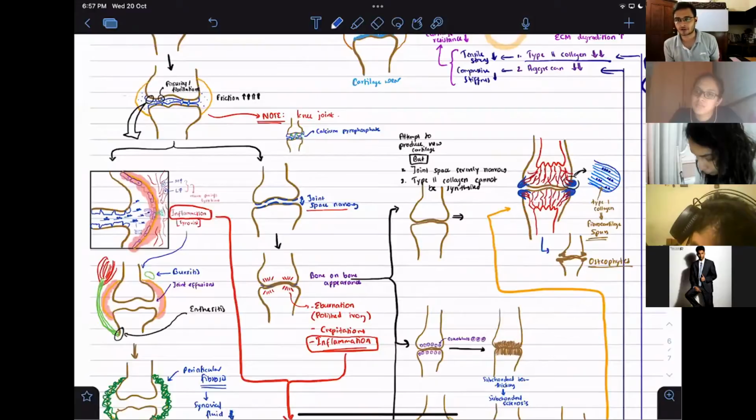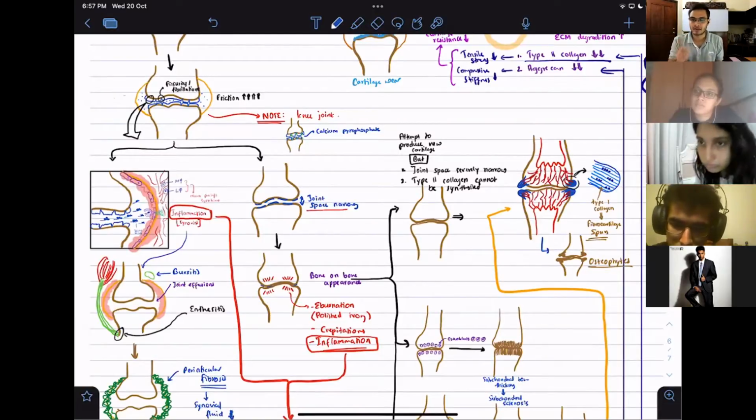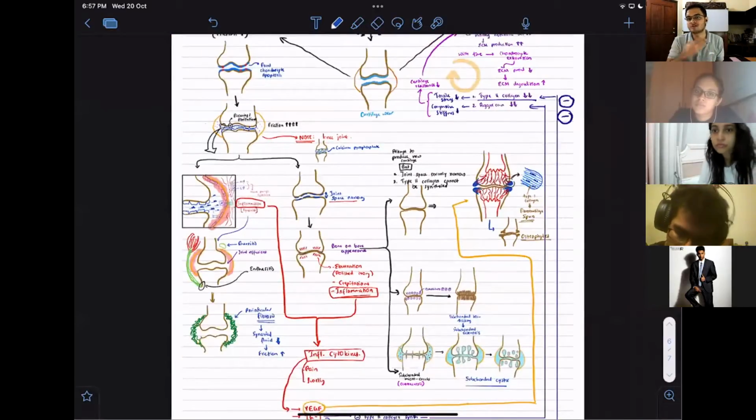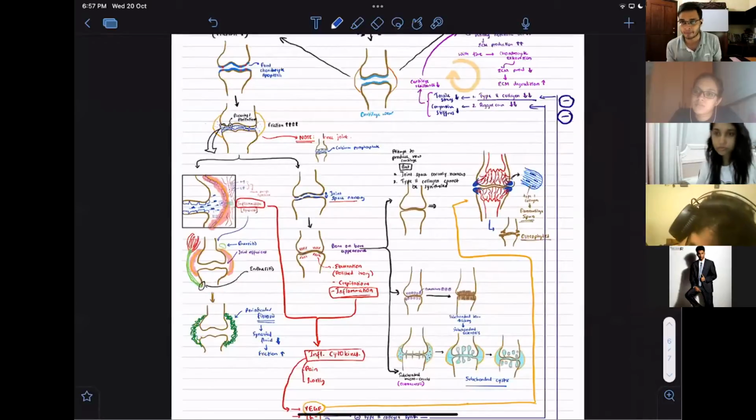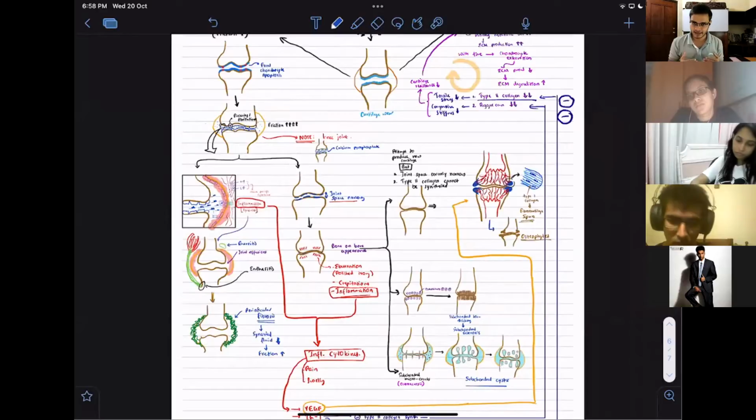What does this tell you? This is not a step-by-step process. We cannot say osteophyte formation is the last step. Any of these can be seen at any stage that the patient comes in. It's just that the severity will be different.